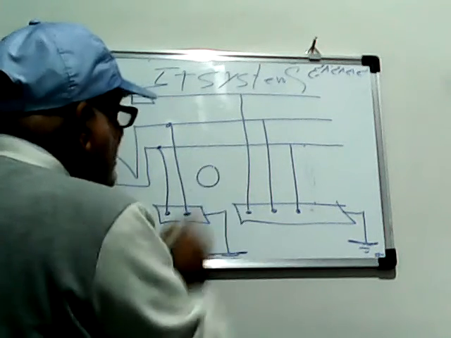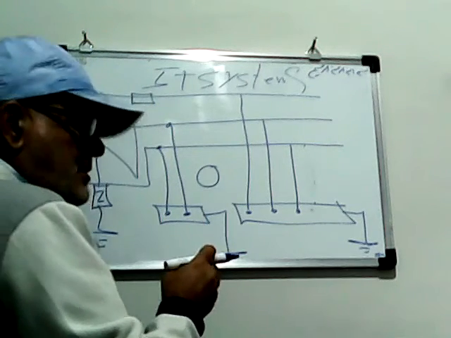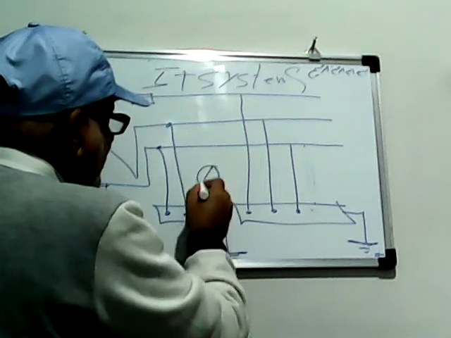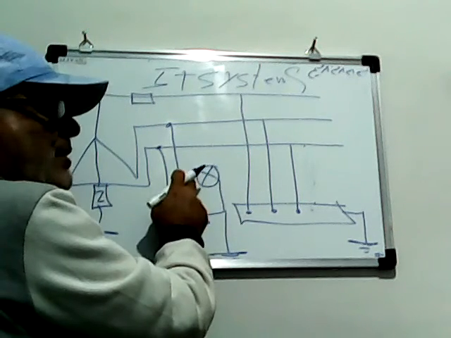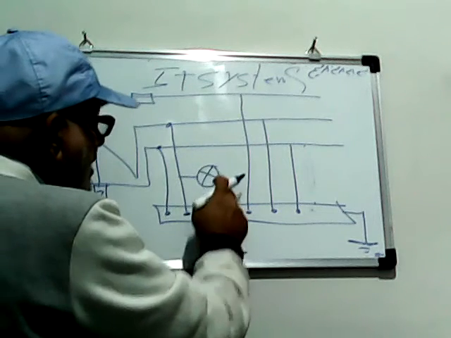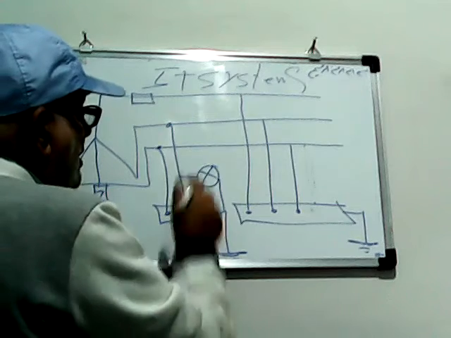We use an alarm in the case of a short circuit. For example, we have a light over here, one phase to the light and the other phase to the ground.